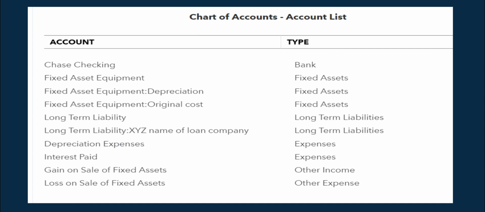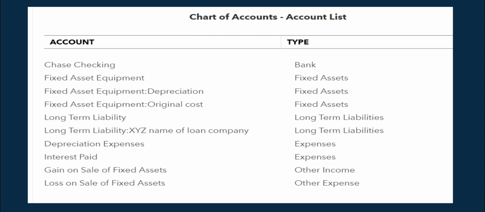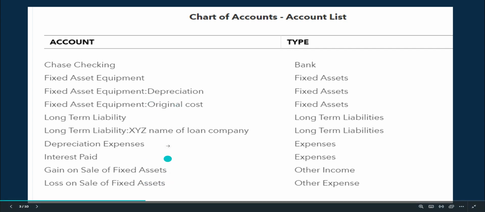Every month you have to depreciate the value of your equipment, and then the interest you're paying on this loan. And at the end, I'm just giving you what you need to do if you have a gain on sale of this fixed asset, or a loss on this fixed asset.